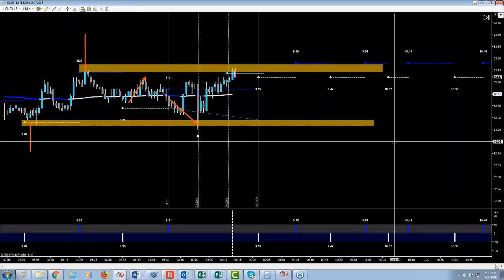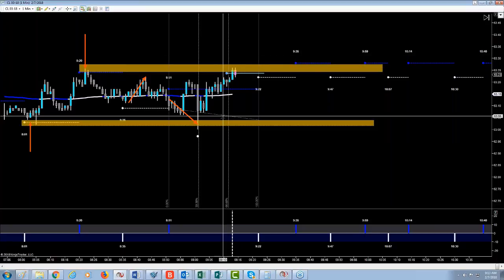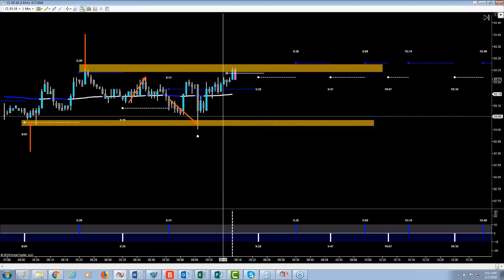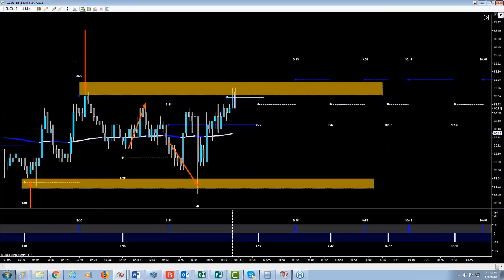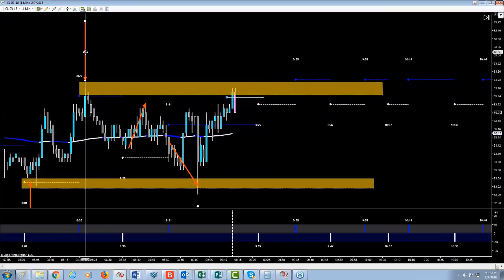So it really depends on what your style is. But as of right now, if we use the split method, that is a selling pressure time at the top of the range.